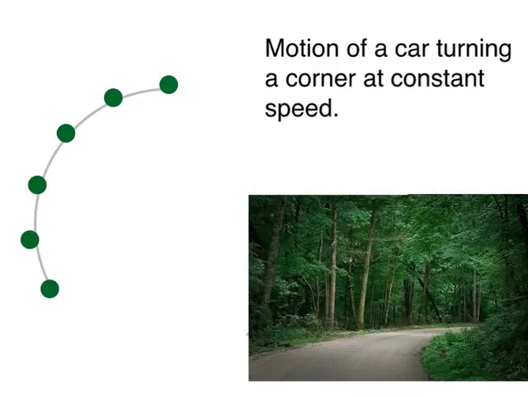Velocity is changing because velocity is not the same thing as speed. Velocity includes information about the direction. And let's take a look at what that means. Even though you may be traveling here at a constant speed, your direction of motion is changing, which means that your velocity is changing.